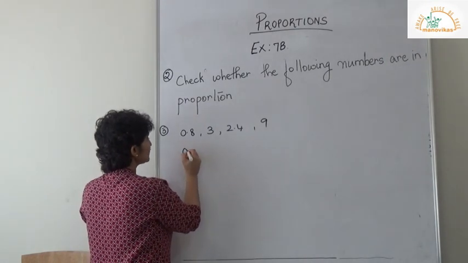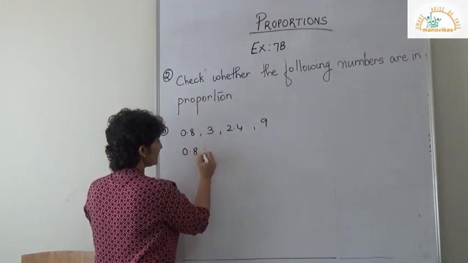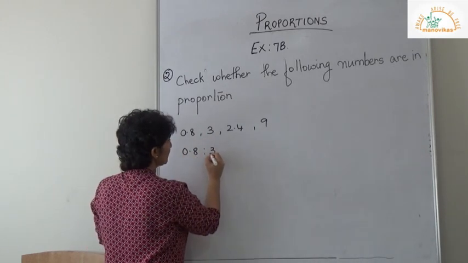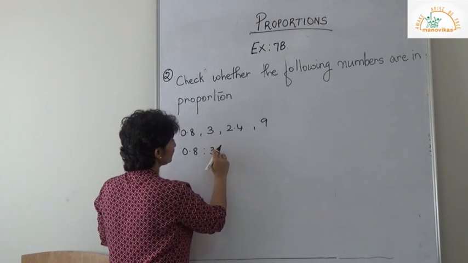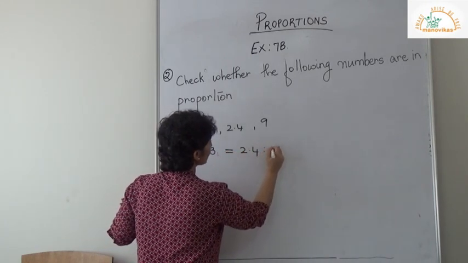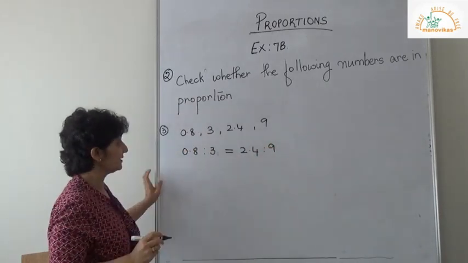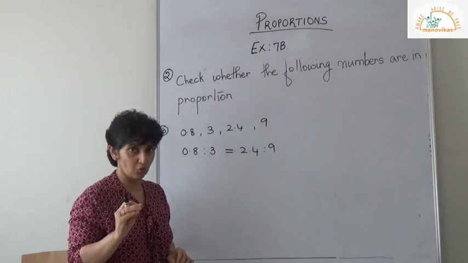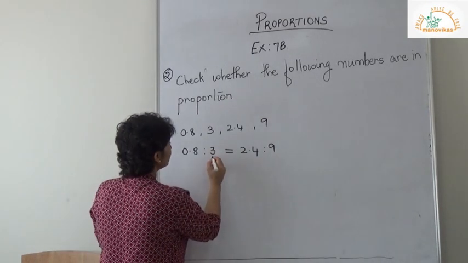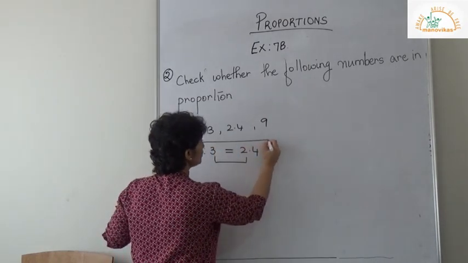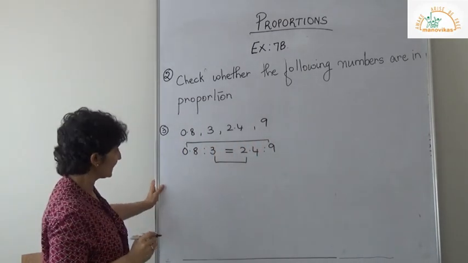So let me write it as 0.8 is to, let's make them into like decimals. So let me put this as 3, which should be equal to 2.4 is to 9. Now, to find out whether it is in proportion, you know, we say the product of the means should be equal to the product of the extremes.